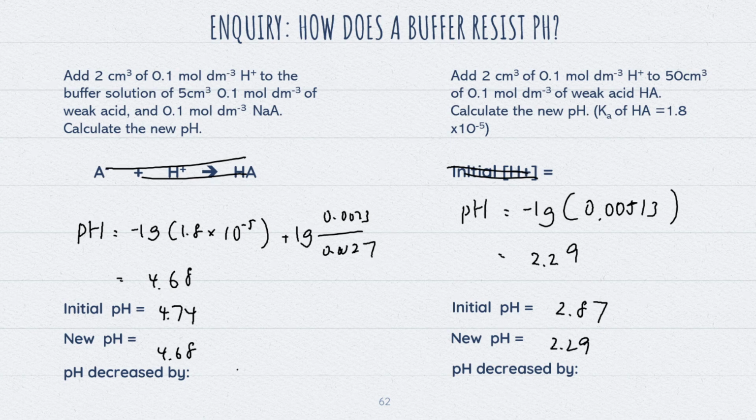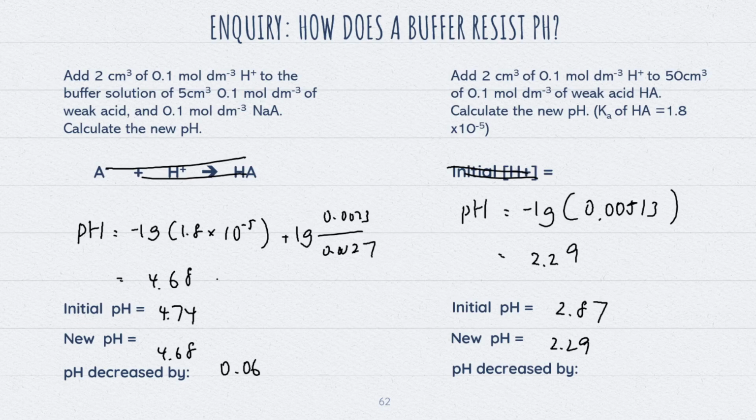So now let's compare the difference. For the buffer solution, you can see that the difference between the initial pH and new pH when the small amount of acid is added is really very small, only 0.06. The pH change was only 0.06 because the buffer solution was able to resist pH change.